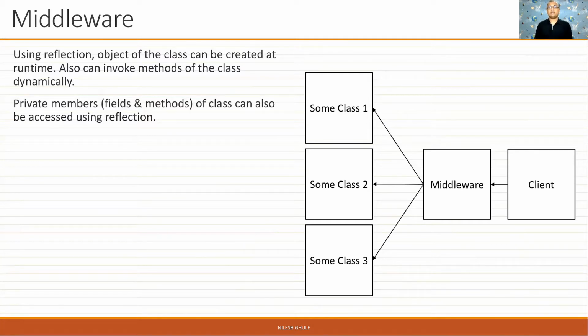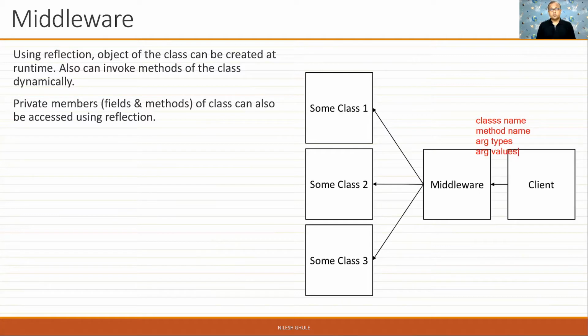Here, I'm planning to implement one simple middleware component, and this middleware component is going to take inputs like the name of the class, the name of the method, argument types, and also argument values.